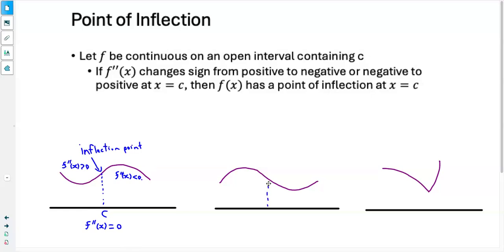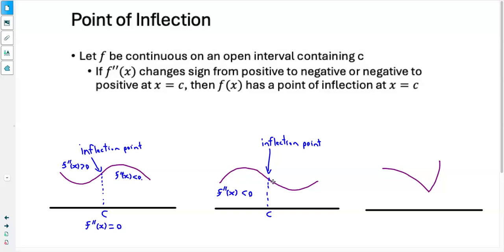This one would have something similar. So we've got our inflection point at this location. To the left of it, we can see that our graph had a positive slope. It becomes less and less and becomes negative. So therefore, f double prime of x is less than 0.